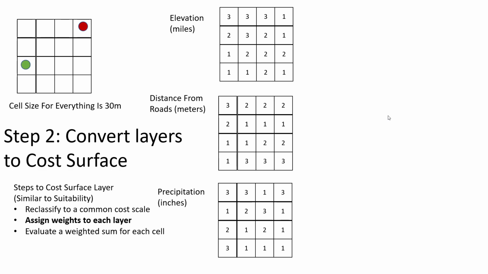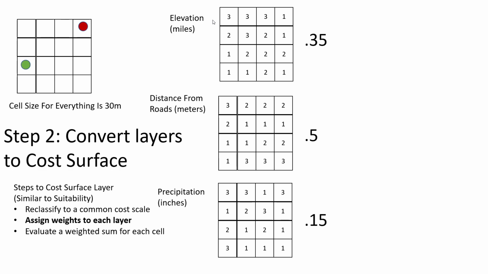And so what I've done is I've assumed that since we're going to be traveling, we want to be close to roads. That's going to make traveling easier. Going uphill is going to make things a little harder. And we don't care too much about precipitation, so I've picked weights accordingly, right? 0.5 means that half of our overall cost is going to be weighted to how far away we are from a road. 35% is going to be weighted to elevation, which again, higher elevation values mean higher cost, meaning we're more likely to avoid those cells.